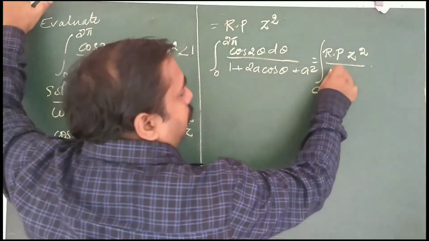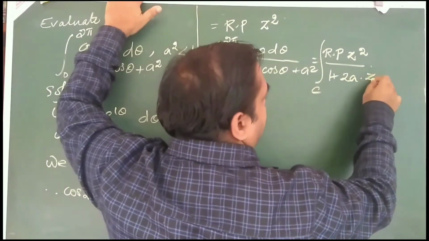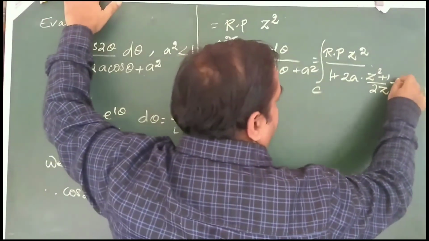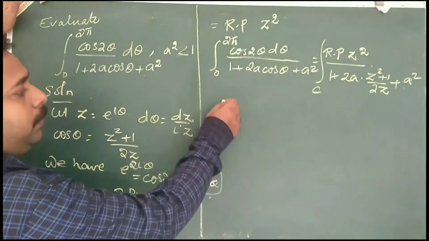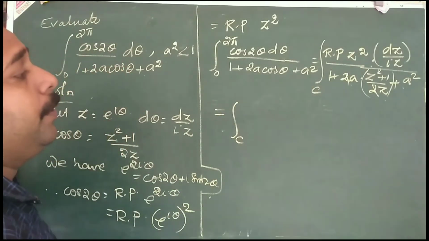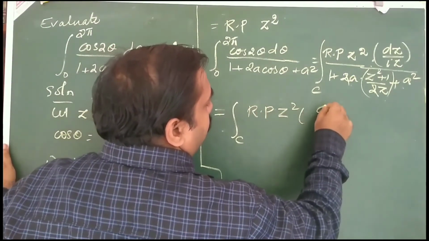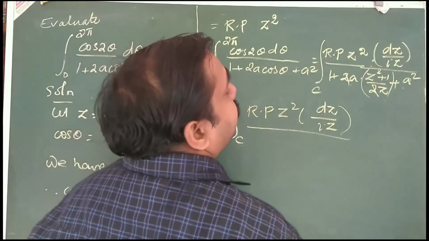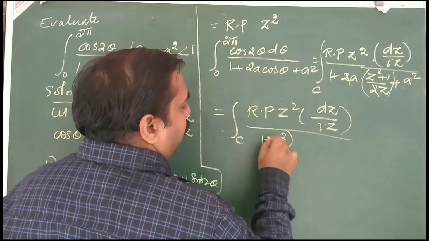Then 1 plus 2a times cos theta, what is cos theta? Cos theta is equal to z square plus 1 divided by 2z. Then plus a square, which is the same. So this is equal to the integral over C, the 2 cancels, of the real part of z square dz by iz, the whole divided by 1 plus a square, that is 1 plus a square into z.